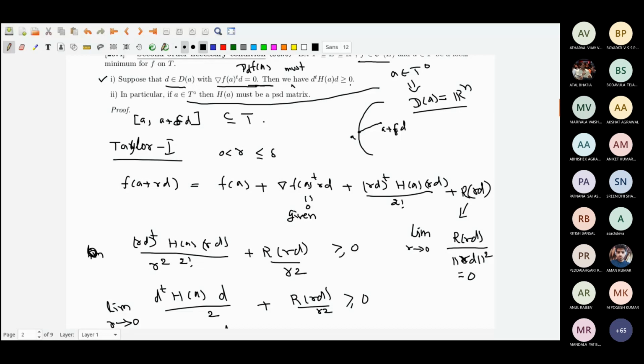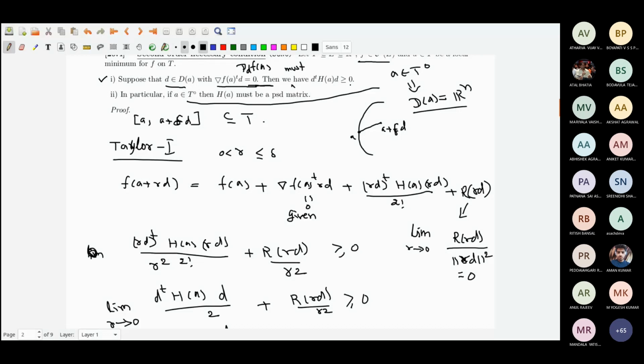But what I already know is that HA itself, the Hessian matrix, is a symmetric matrix, and I know that for all real vectors this holds. That is an equivalent definition for positive semi-definiteness, as we have already shown.